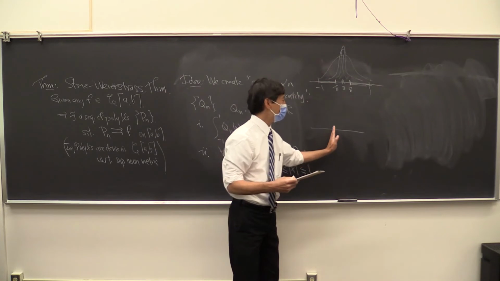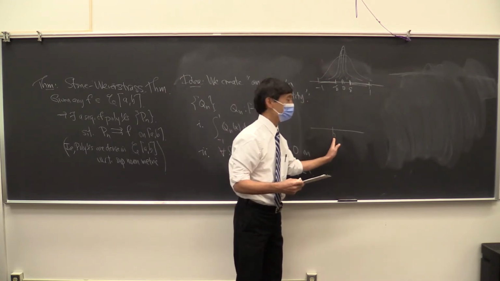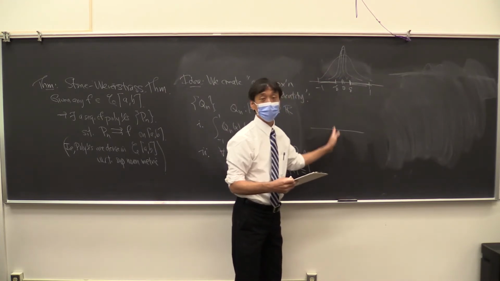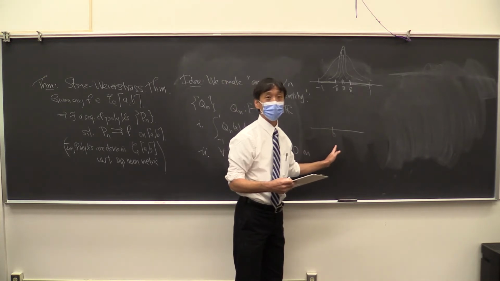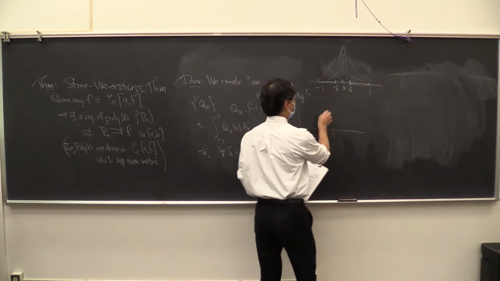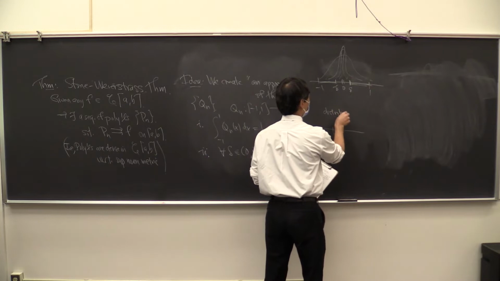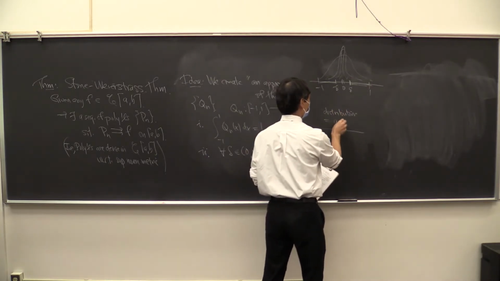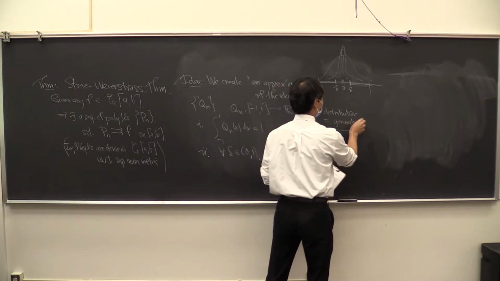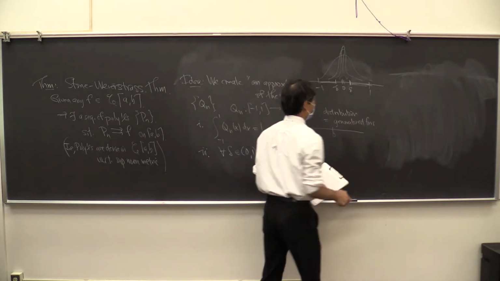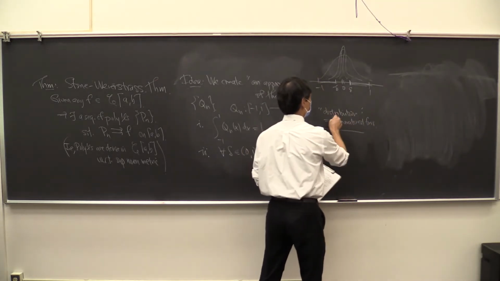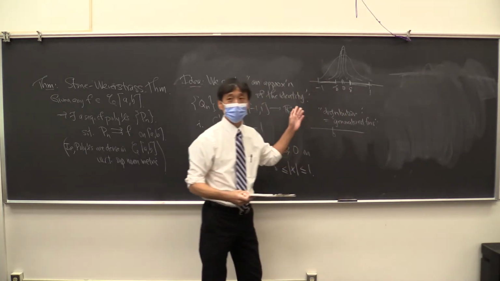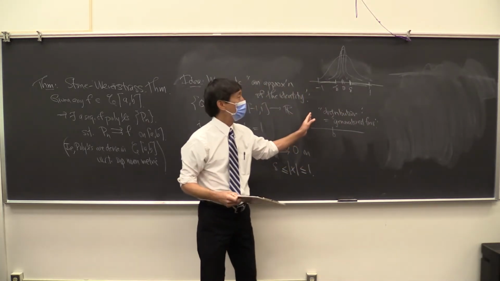You can't have a function that has only values at one point and has an integral of 1. That's actually what's called a distribution, which you will not see, which I think the Russians call generalized functions. So the Dirac delta function is this thing called a distribution.